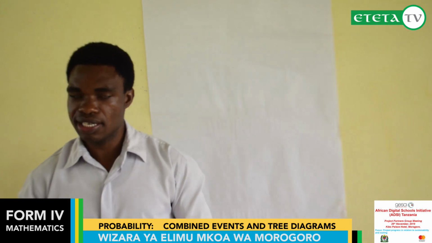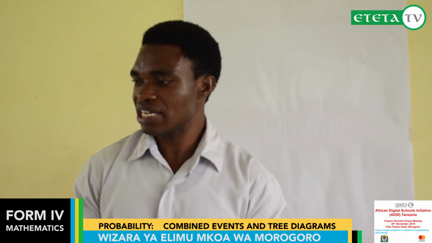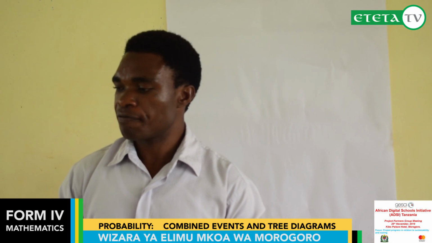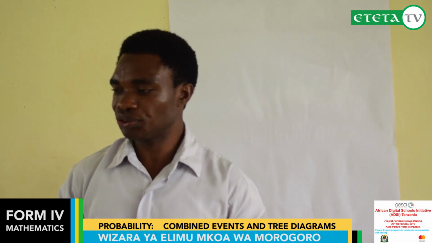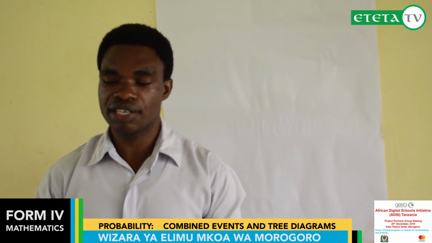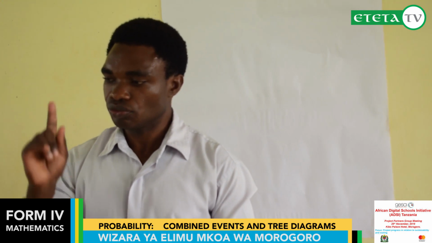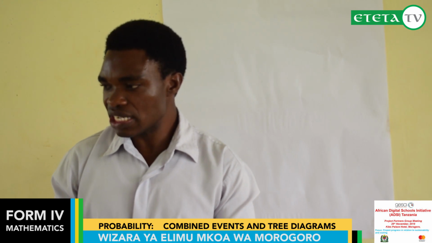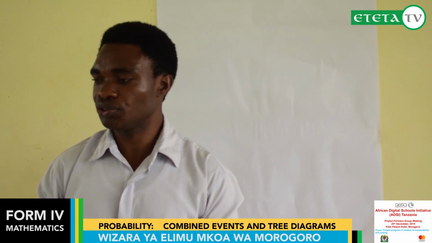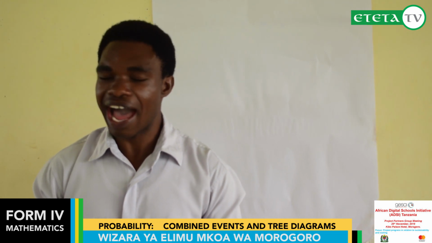Let us see the second example on the same concept. This example says a fraction is written by selecting the numerator from the digits 1, 2, and 3, and the denominator from the digits 6 and 8.